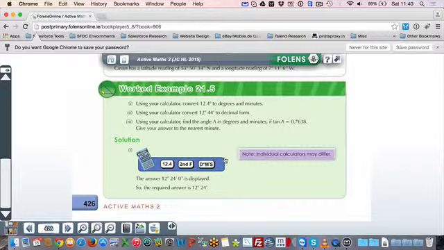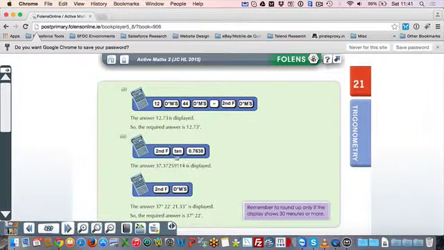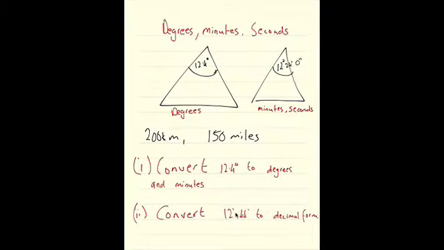This is just going back the other way. All you do is type in 12, the degrees and minutes button, 44, and then you press the degrees and minutes button again.